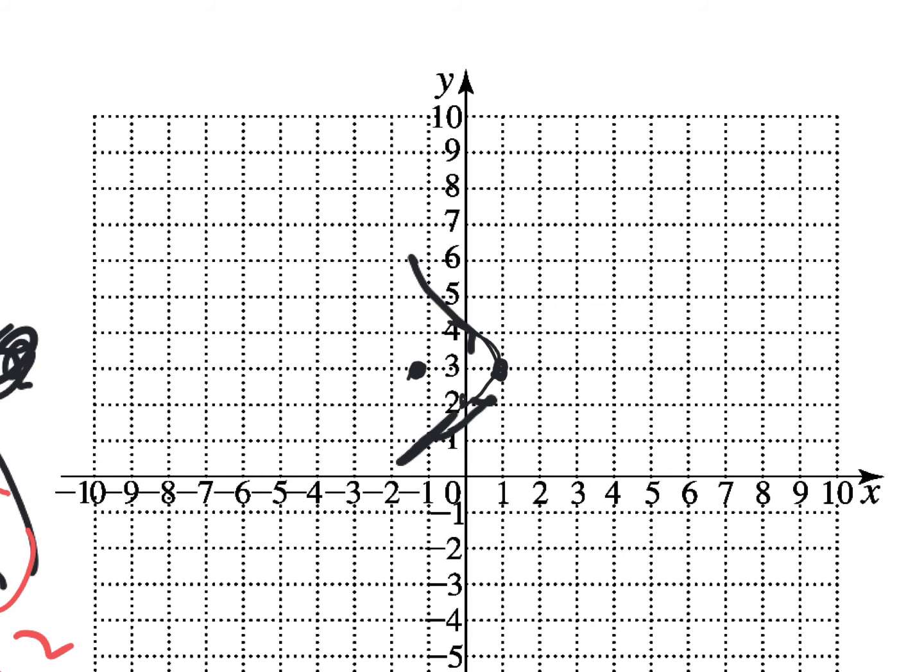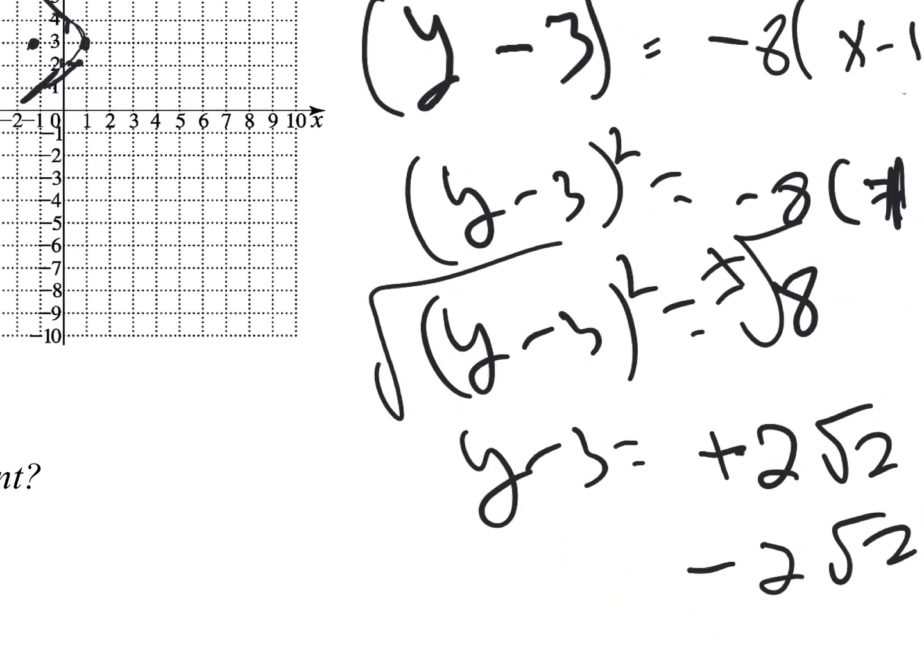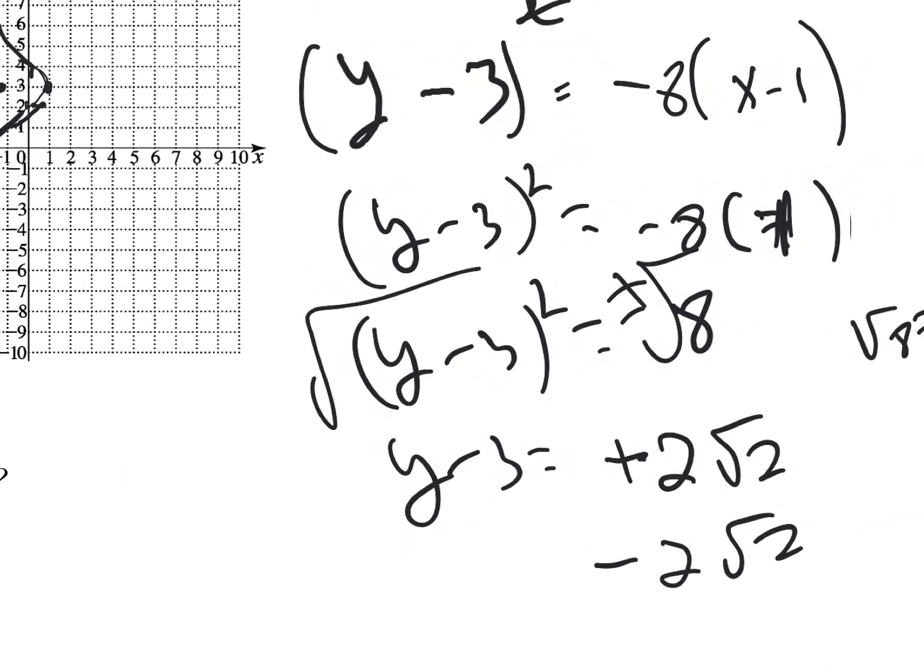How do I do that one? If x is 0, it's 2 times the square root of 2, which is 1.4. It's almost 1.5, so it's going to be plus or minus. It's going to be between 2 and 3 from the axis of symmetry.